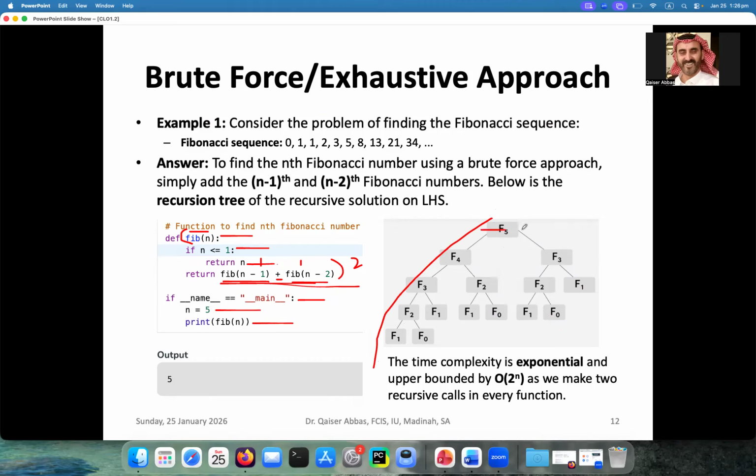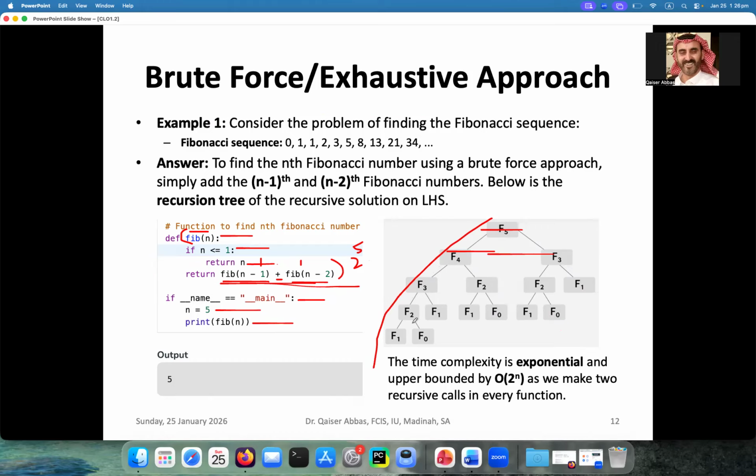Then what? When I say 2 raised power n, for example 2 raised power 10, or for this one, it will give me 2 raised power 6: 1, 0, 1, 2, 3, 4, and one more time.